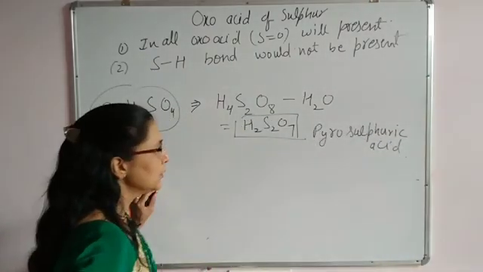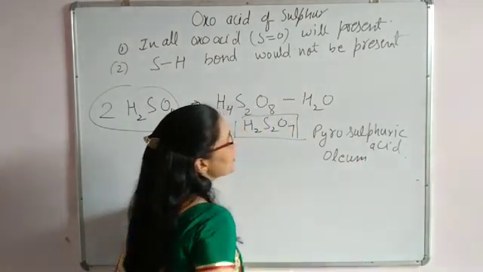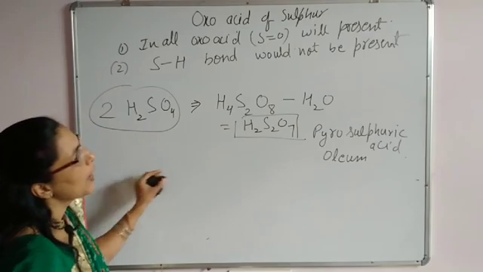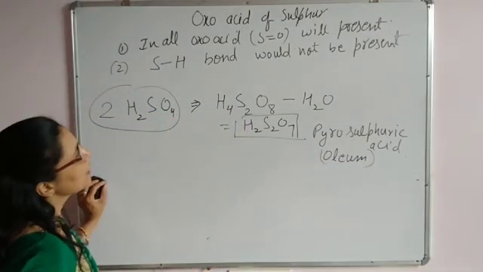It is also known as oleum, a highly concentrated form of H2SO4. When oleum is diluted, then only you will get sulfuric acid.